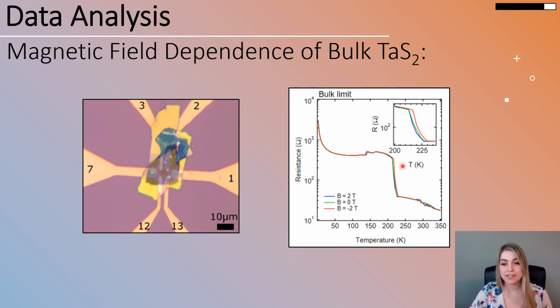But what's really interesting is if you zoom in to around the 220 Kelvin area in this little inset, you can see that there's a shift in temperature that depends on whether or not the field is positive or negative. So the green indicates 0 Tesla, the red indicates -2 Tesla, which occurs at a higher temperature, and the blue line indicates 2 Tesla, which is shifted to a lower temperature.